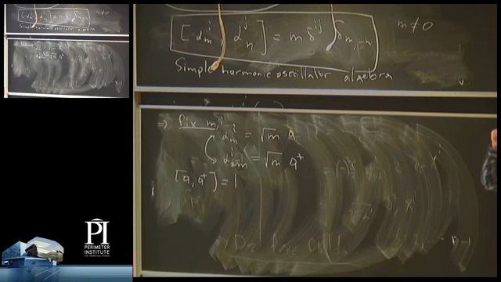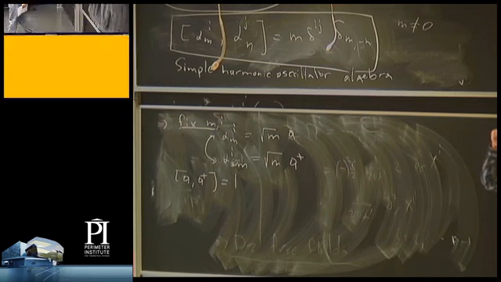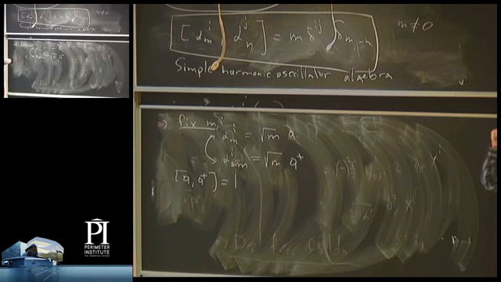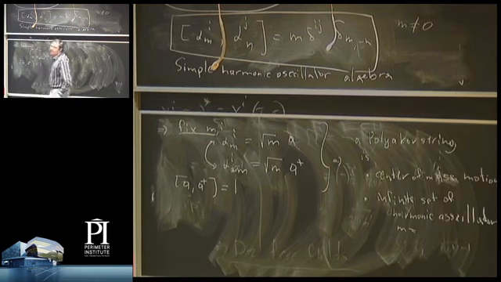I put a dagger here because, for those two operators, remember there was a reality condition, and that reality condition translated into a hermiticity condition on the corresponding coefficients. That's why, if I declare this to be A, I have to say that whatever I have there is the Hermitian conjugate of that. Now you can see that once I did this rescaling, the algebra takes this very simple form. Actually, I have to fix m and I.